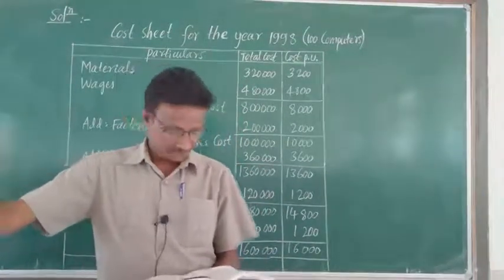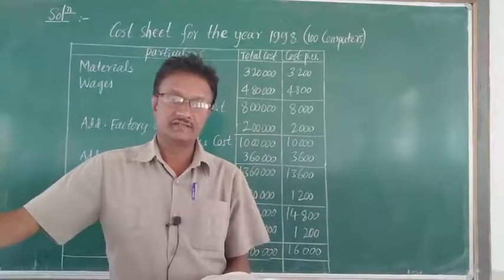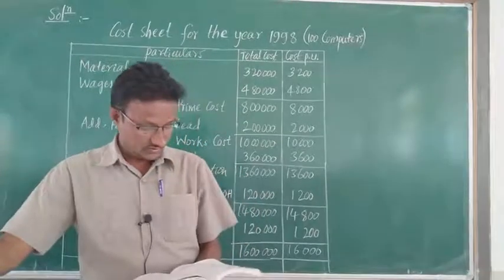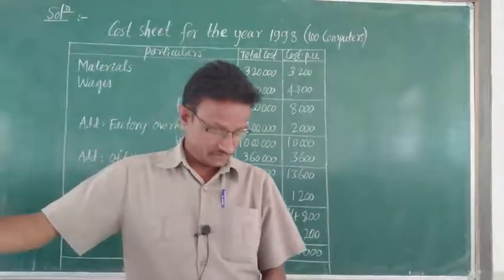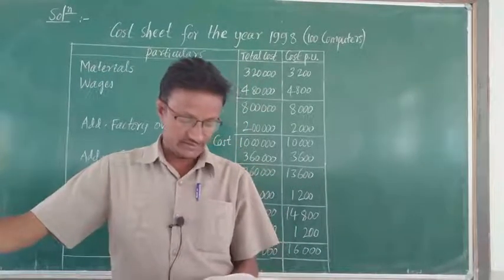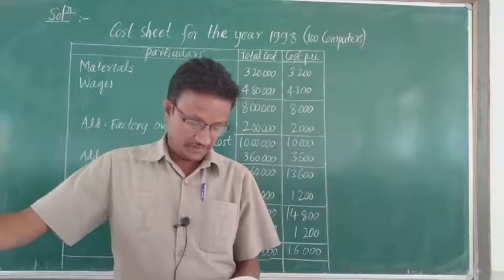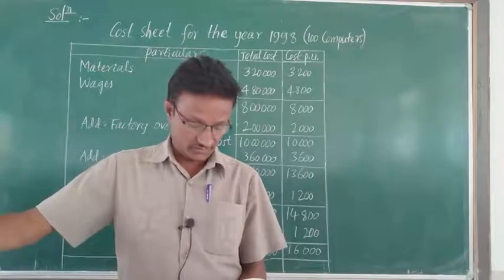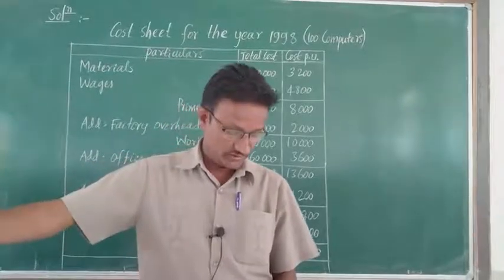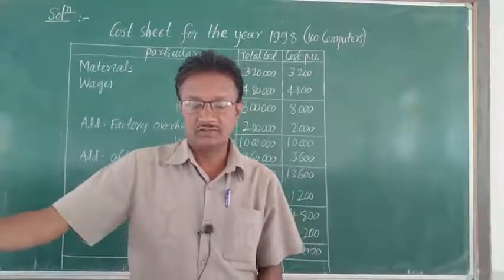Number E, selling and distribution cost per unit will remain the same. Next, number F, office expenses will not be affected. Next, prepare an estimated cost sheet for 1999 showing a profit of 10% on sales.